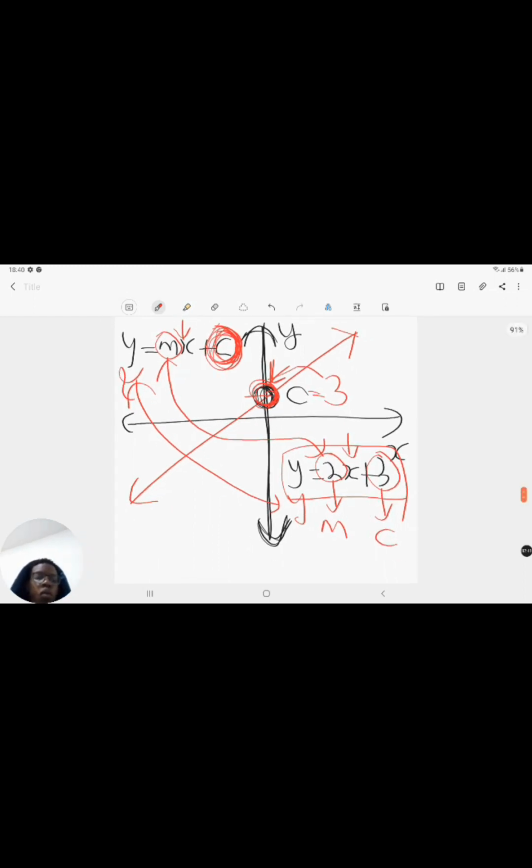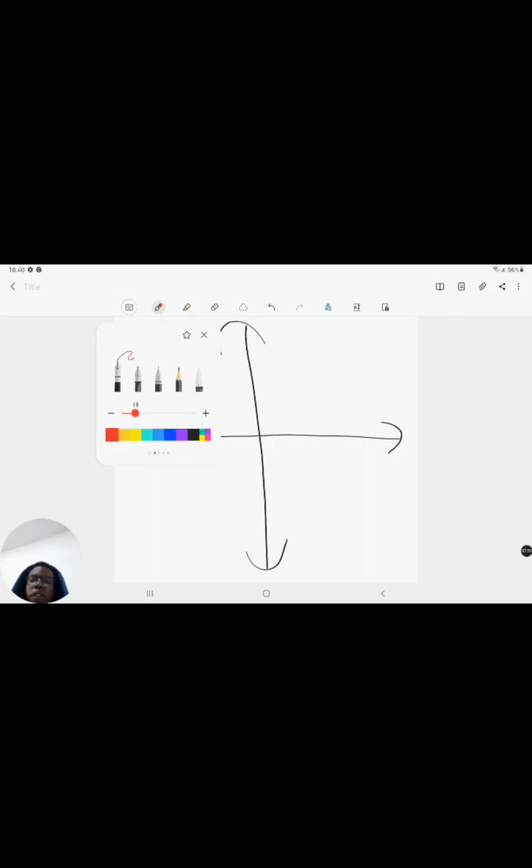Okay, cool. Now let us describe what m is. m is your gradient, m is your slope. I draw in my Cartesian plane, and I draw in a straight line.